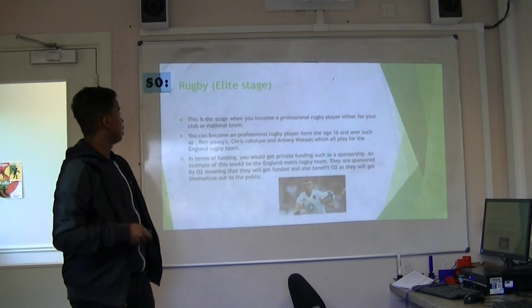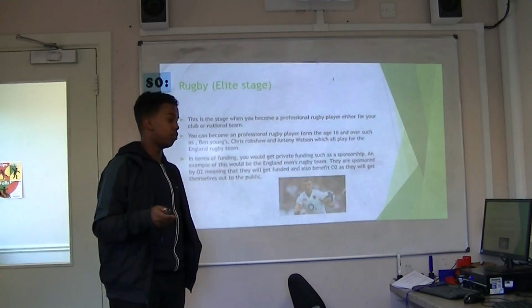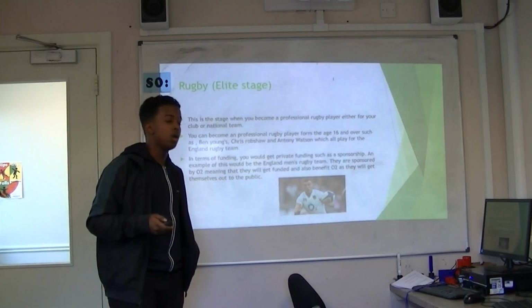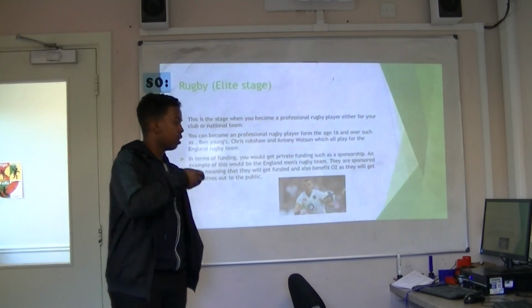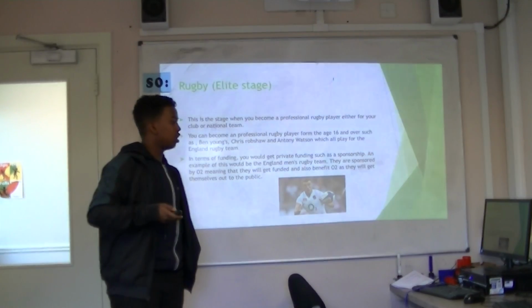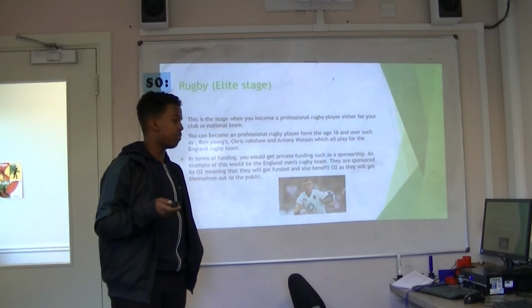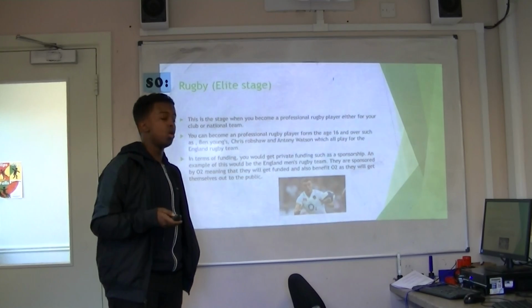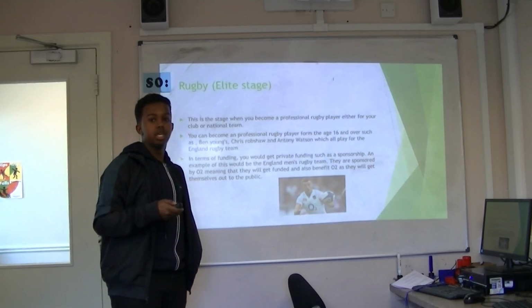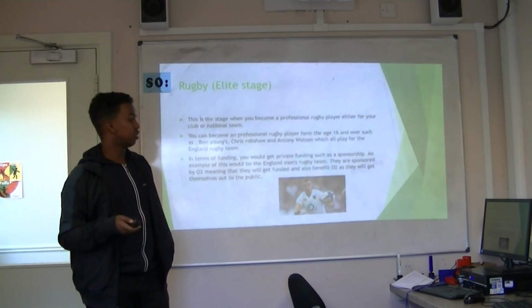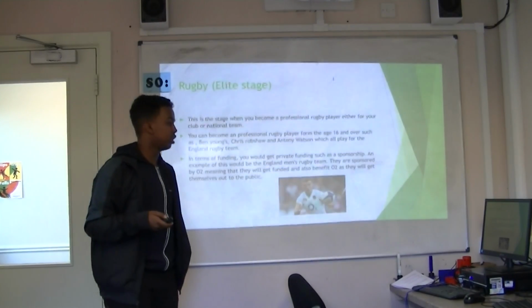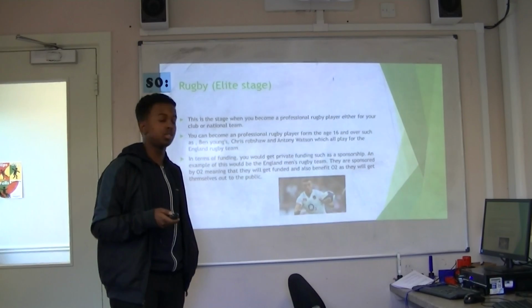The elite stage for rugby. This is when you become a professional rugby player, and you play for your national team or club. You can become a professional rugby player from the age 16 or over. Examples of professional rugby players are Ben Youngs, Chris Robshaw, and Anthony Watson, which all play for the England rugby team.